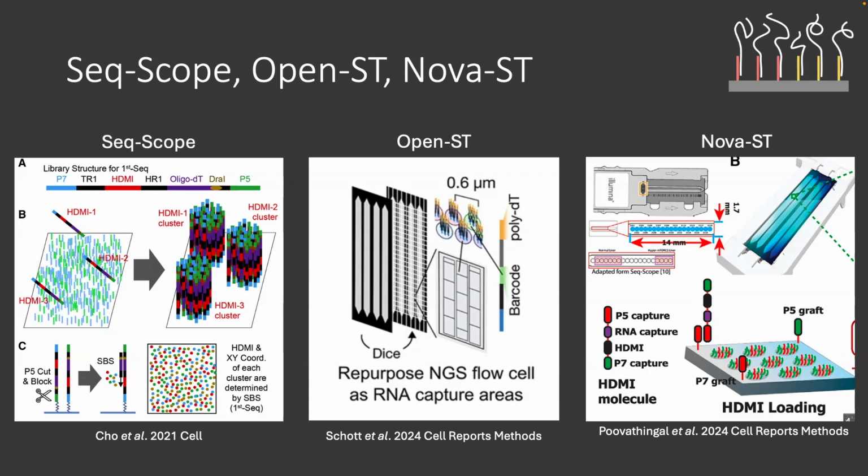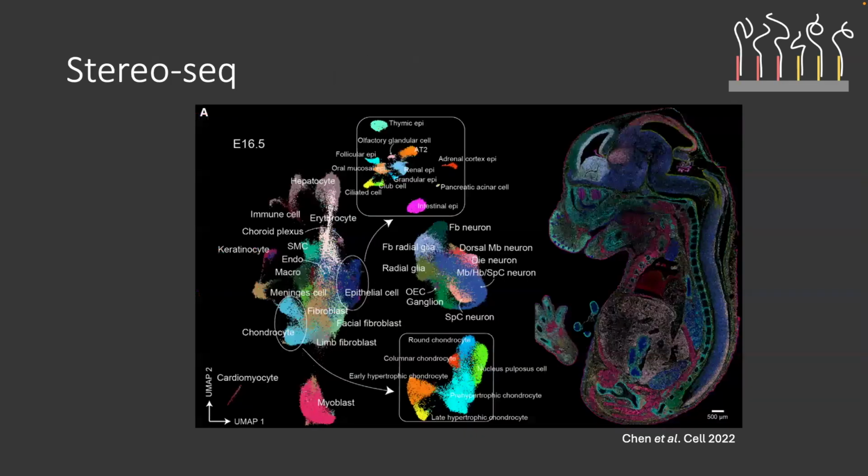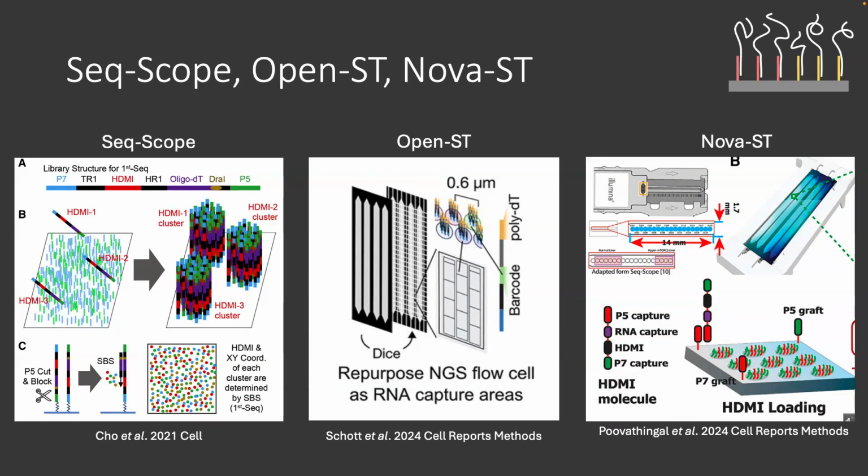But these people from the methods SeqScope, OpenST, and NovaST have used this surface to also generate capture spots so that they can do spatial transcriptomics with this. Similar to the previous method, Stereo-seq, you also need to sequence your spatial barcodes before.